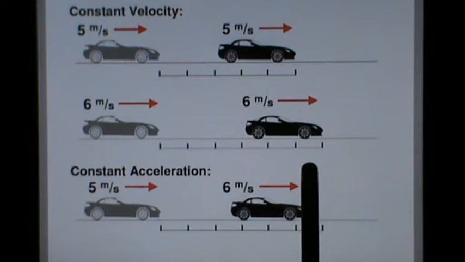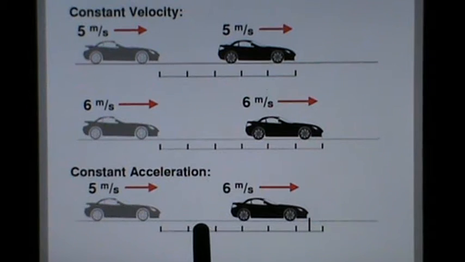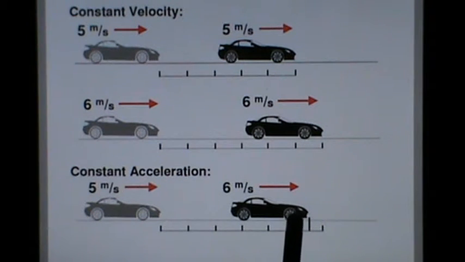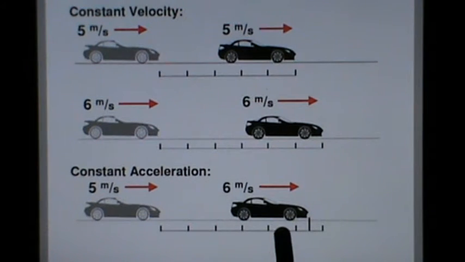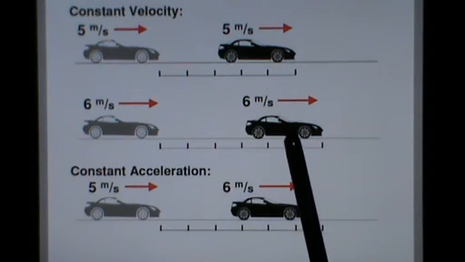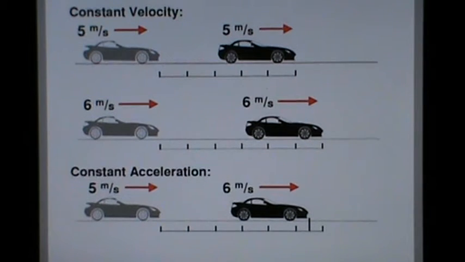Now, let us think that if the increasing speed occurs gradually, you would say, aha, this must be the average of 5 and 6 meters, or this car must travel 5.5 meters. Keep in mind that this can happen if the speed increases gradually.